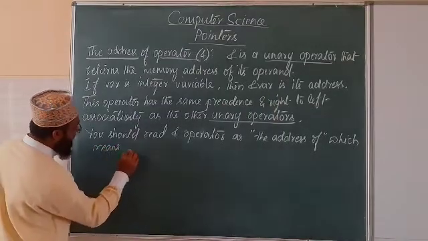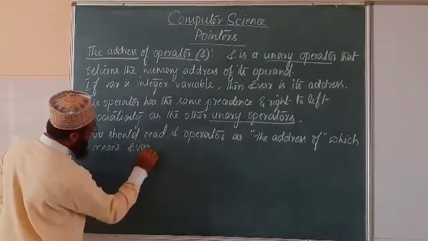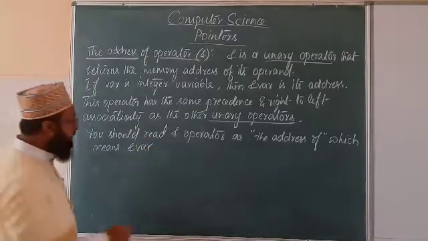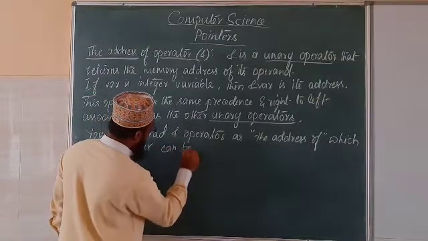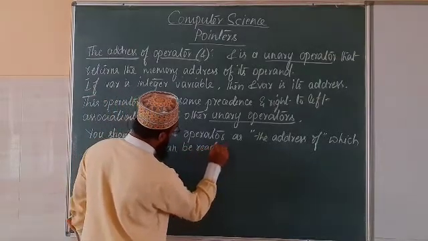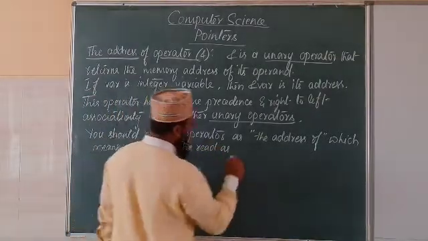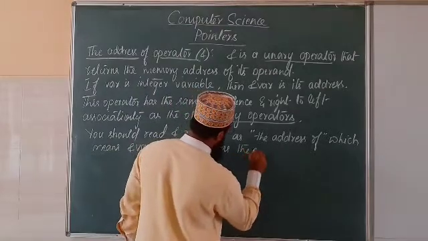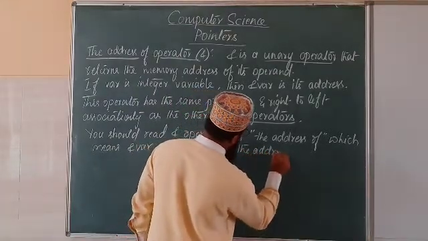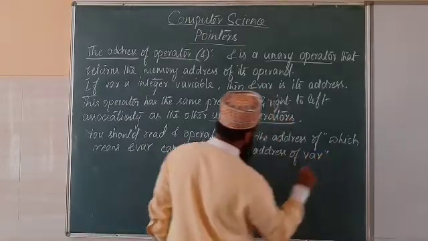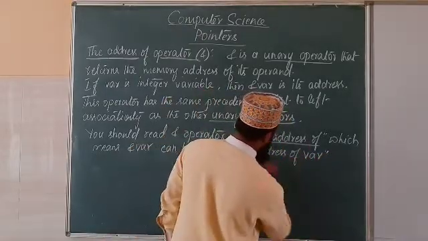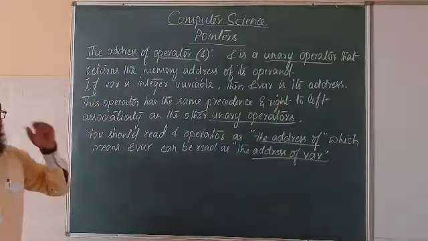Take the same example: ampersand var can be read as the address of var. Like this we have to read this operator.